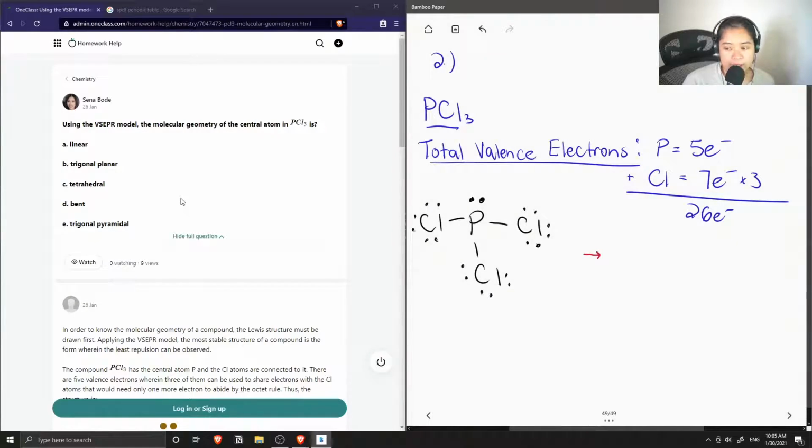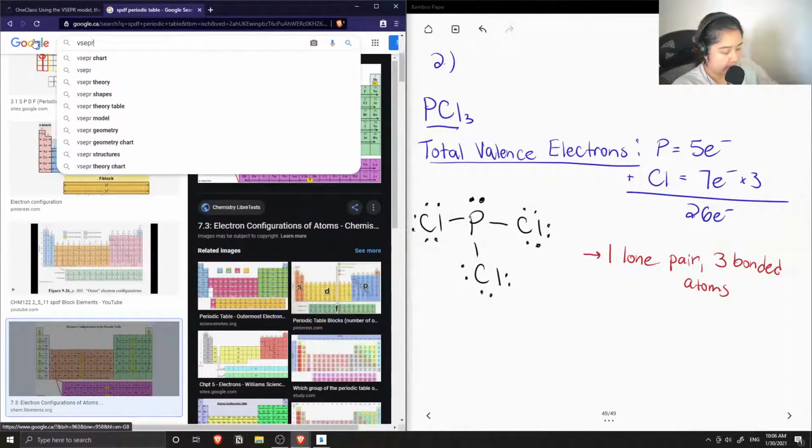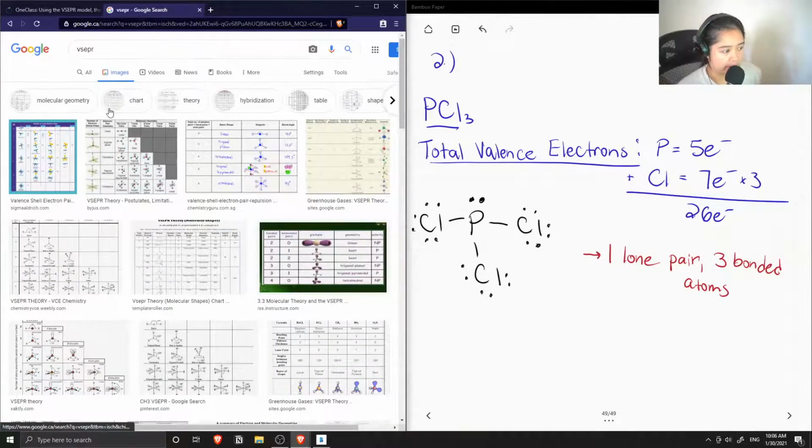So if we analyze the central atom, we'll see that the phosphorus contains 1 lone pair, and it has 3 bonded atoms. So if I use a VSEPR table, I can find out its molecular shape.